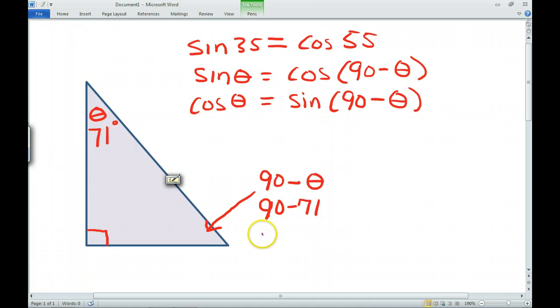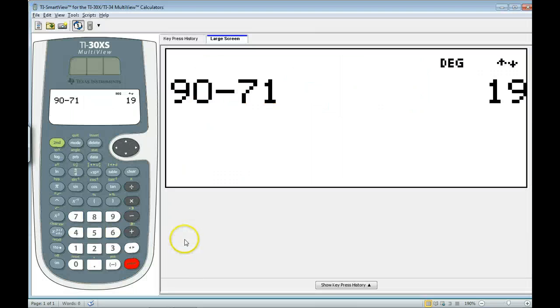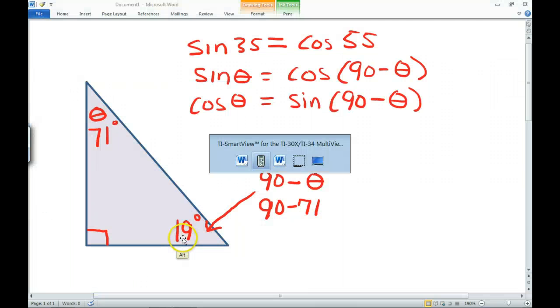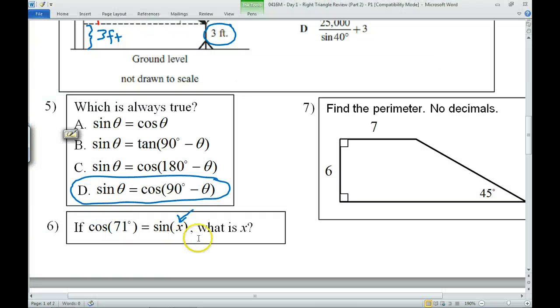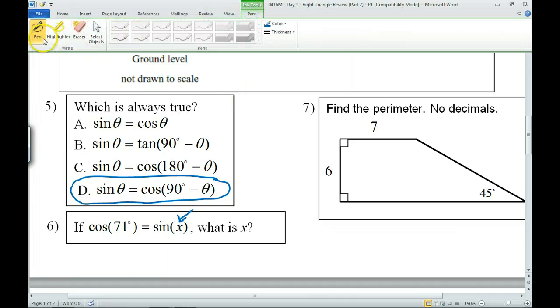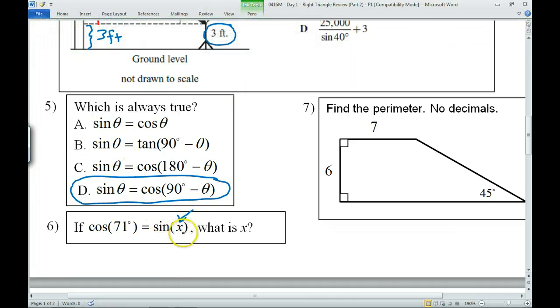So that's going to turn out to be 19 degrees. In that case, the cosine of 71 should equal the sine of 19 degrees. So that means x must be 19 degrees.